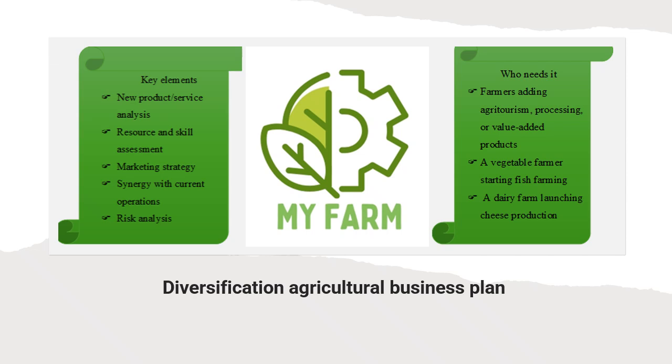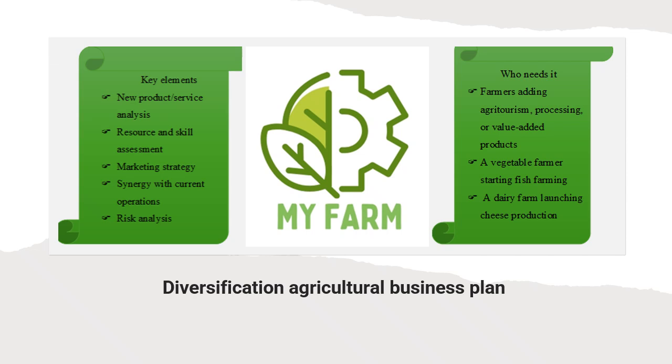Third, the plan outlines a marketing strategy, identifying the target customers, pricing, distribution channels, and promotional activities. Another important component is the synergy with current operations, meaning how the new activity will complement existing crops or livestock, reduce waste, or improve efficiency.